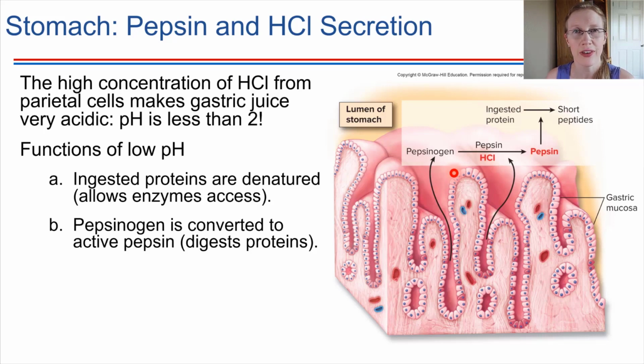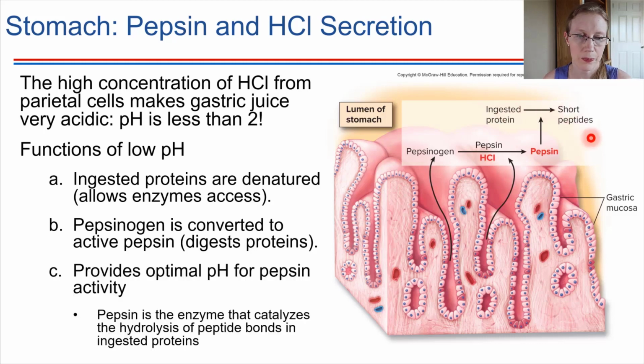They cleave those off, and then the net result is that the pepsin enzyme is now in its fully active form. So in low pH, pepsinogen acts on others like itself in order to form the active form of pepsin, which can then initiate digestion of proteins. So that low pH is key for allowing protein digestion to start.